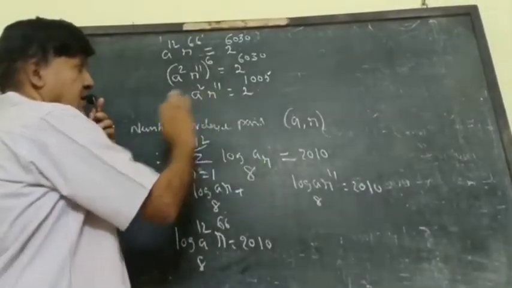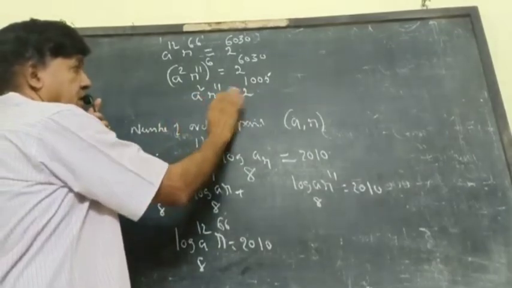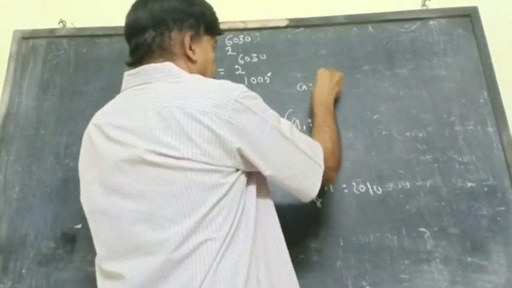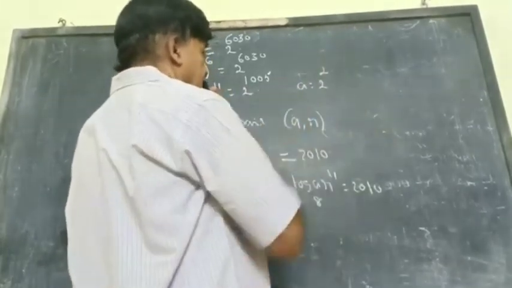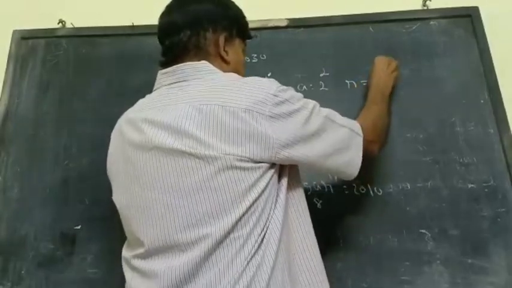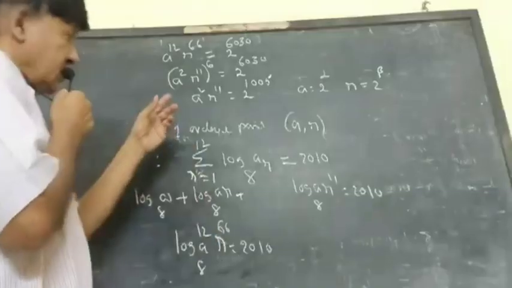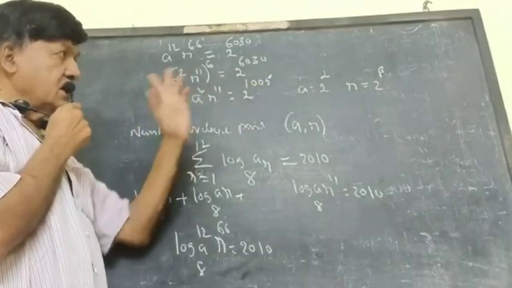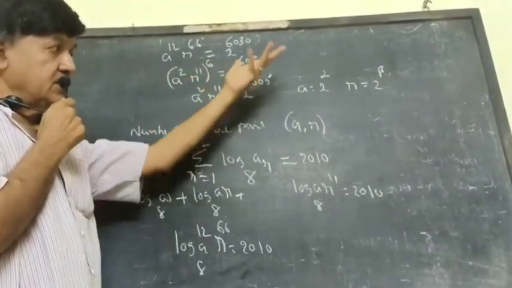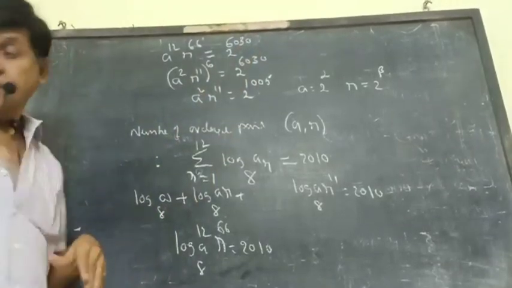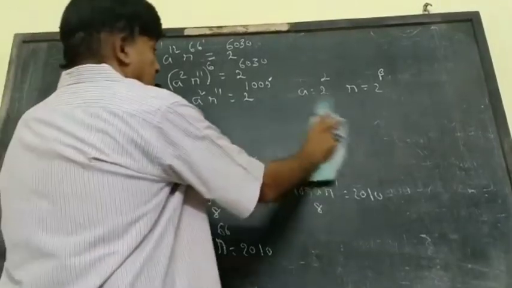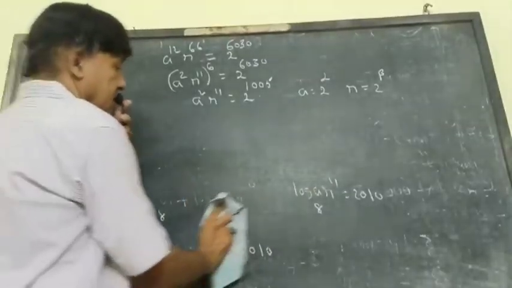Since a and r are positive integers, when you get an equation like this, a must be in the form of 2 power alpha, where alpha is an integer, and r must be in the form of 2 power beta. Then only you will get an equation like this. a should be 2 power something, r should be 2 power something. Understood? Because a and r are positive integers.